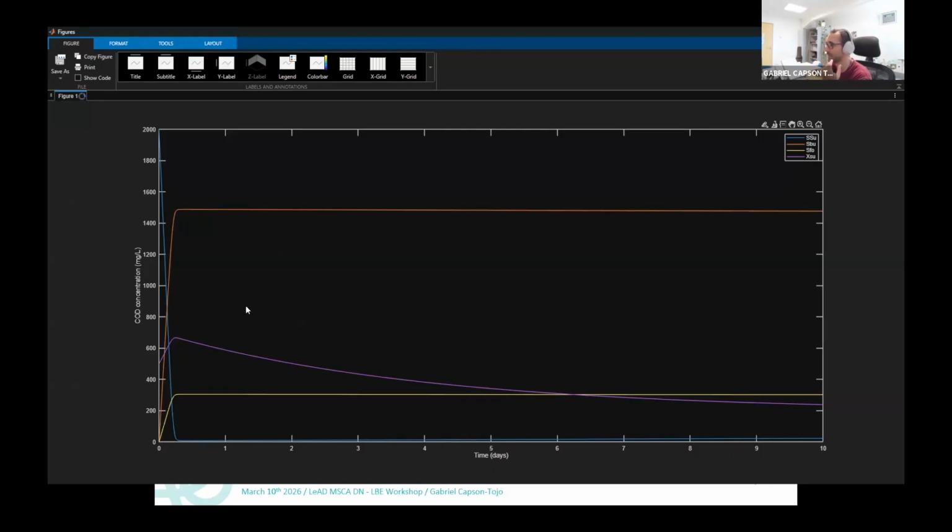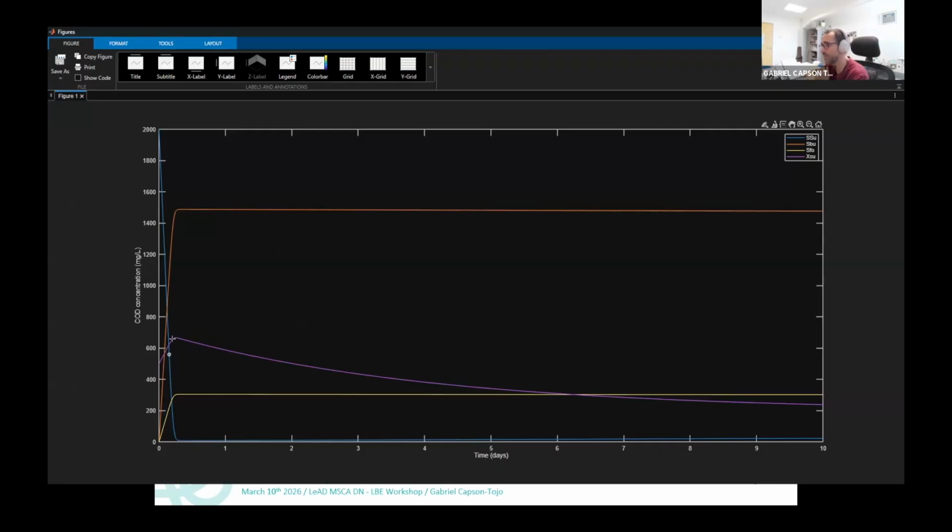At the same time, obviously, we are producing a lot of biomass, so it increases from the initial 500 that we said, and we make a lot of butyrate and less formate, because that's how the reaction works. But at the beginning, we were not in a steady state in terms of biomass concentration.